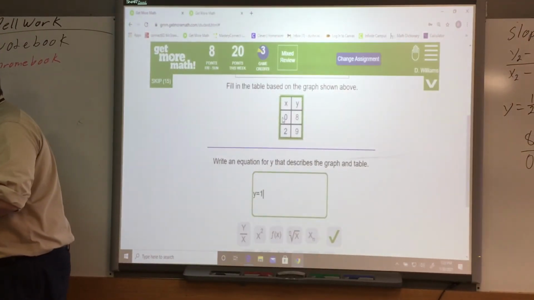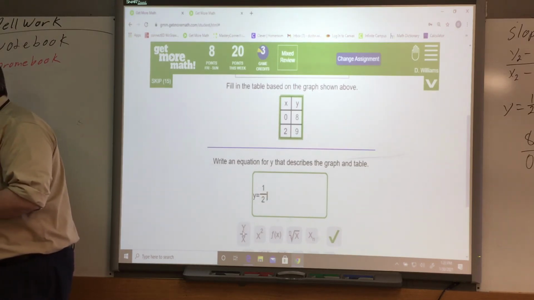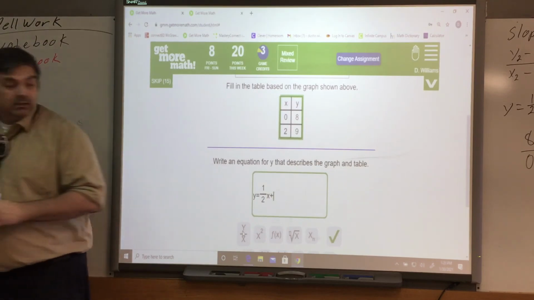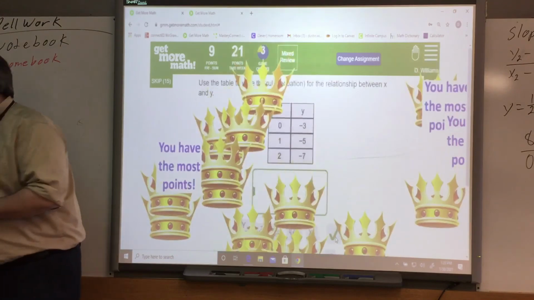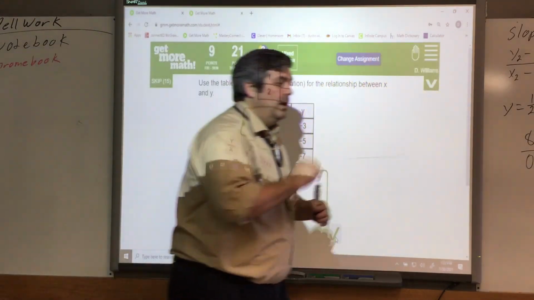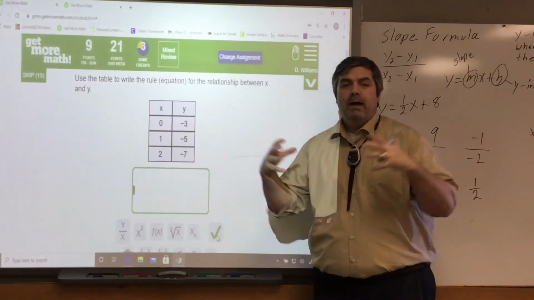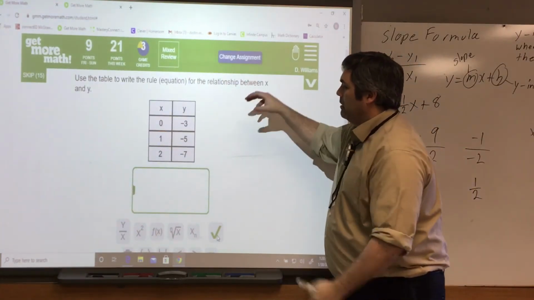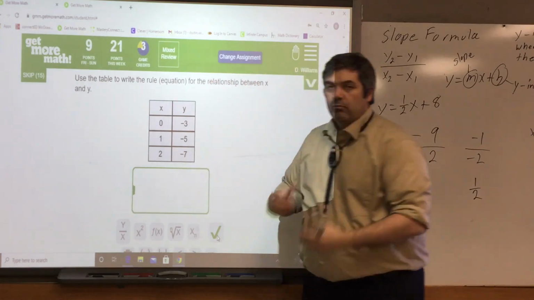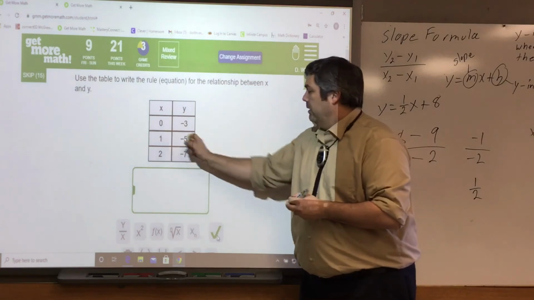Y equals 1/2 x plus 8. You've already done almost all of this at one point or another, and now we're pulling it all back together on how to use it as a whole. T-chart, recognize 0, negative 3, 1, negative 5.